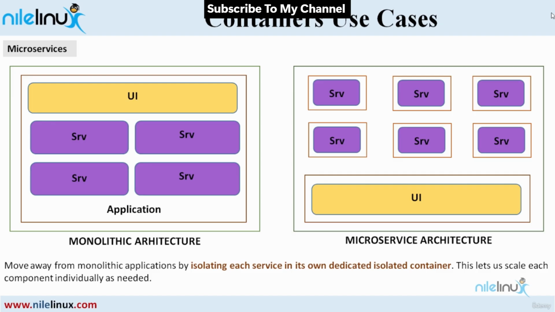But if you move away from monolithic architecture and instead store each service and UI component in its own container, then you will be able to scale each component individually. So if it's the database and nothing else that really requires more resources, then you are able to add more database containers without having to duplicate services that are working just fine.